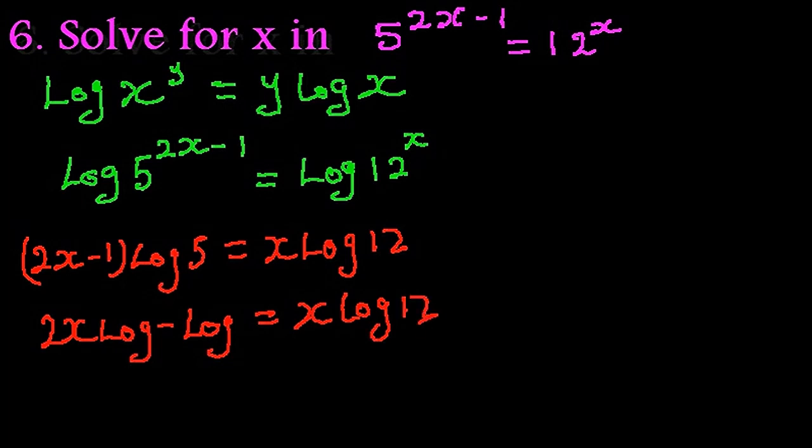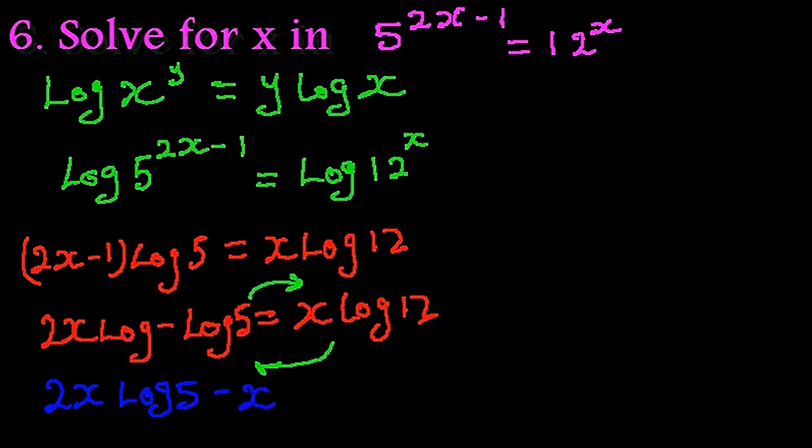We bring log 12 to the left hand side and log 5 to the right hand side. So here we have 2x, the logarithm of 5, minus x, the logarithm of 12, is equal to logarithm of 5.